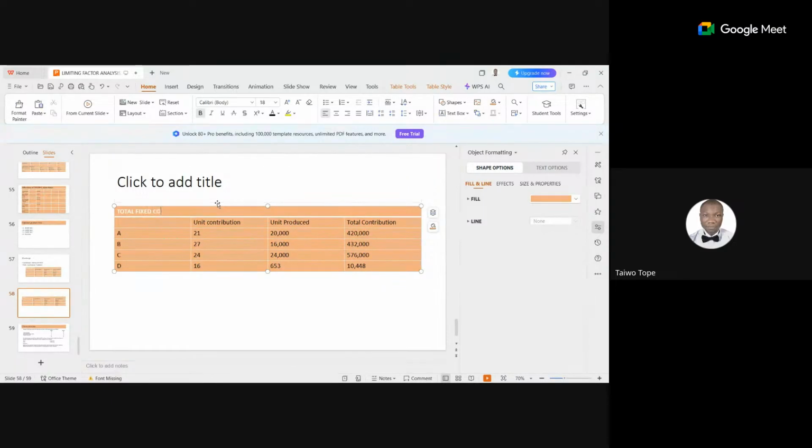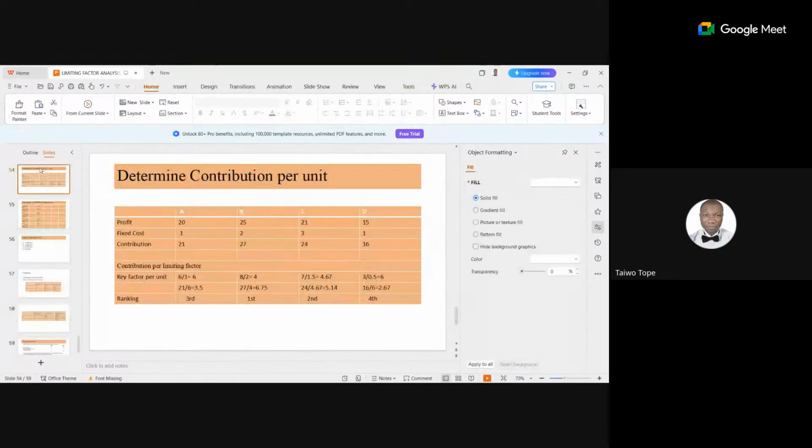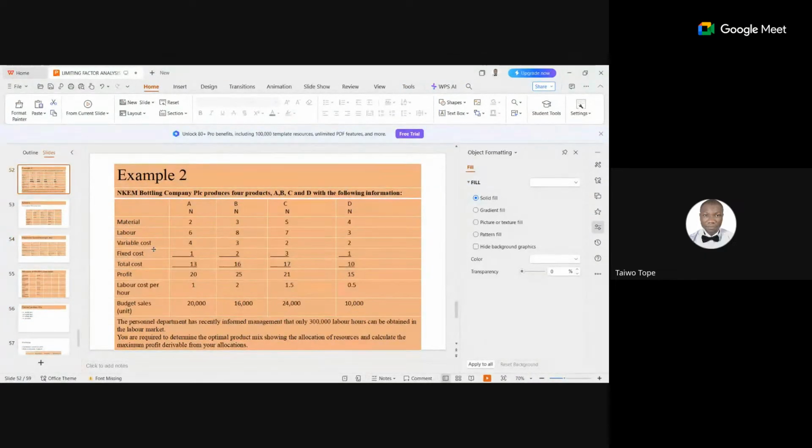So we have fixed cost per unit. For product A, the fixed cost per unit is what? It is in the question. See it here. Fixed costs per unit: 1 for A, 2 for B, 3 for C, 1 for D.